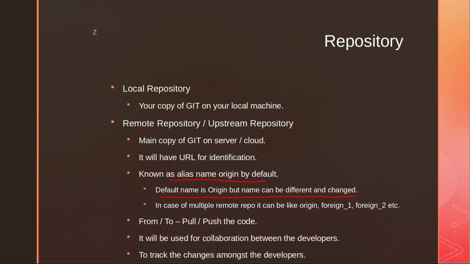In case you have multiple repositories, they can be like origin, foreign1, foreign2, etc. So this remote repository will be used to pull and push the code, files, folders, everything from your local system to that central system. Also, it will be used for collaboration between the developers to track the changes amongst the developers, like who has done what and all those things.